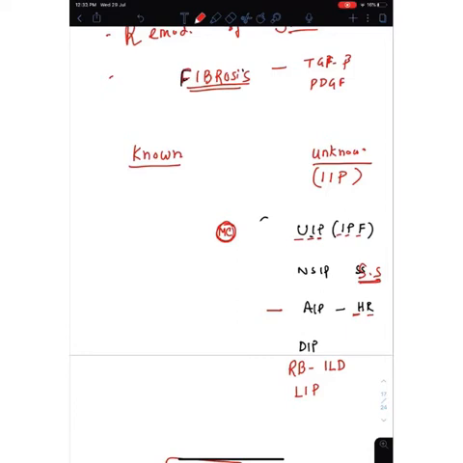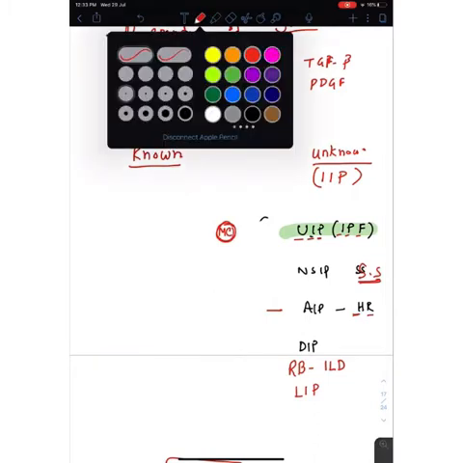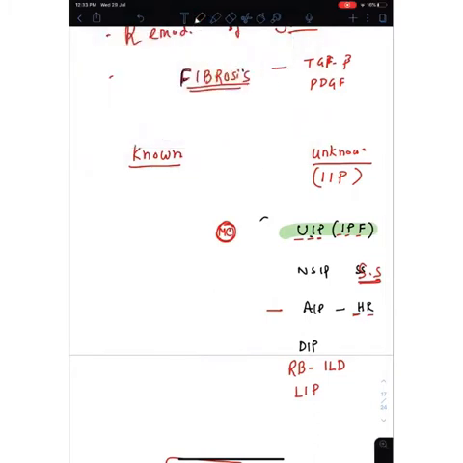Yes, you can get some features like honeycombing pattern, reticular opacities, traction bronchiectasis, but still it is the diagnosis of exclusion, as it is the most common type. So you have to rule out others before telling that it's usual interstitial pneumonia or idiopathic pulmonary fibrosis.